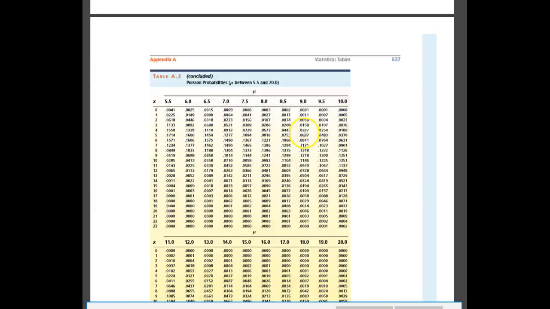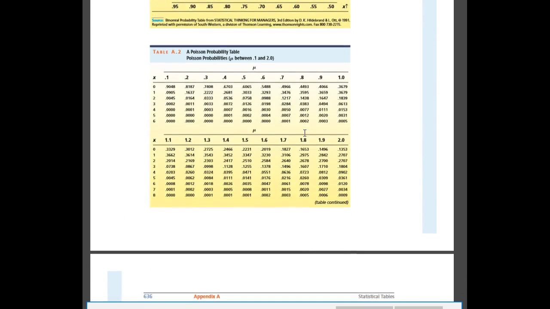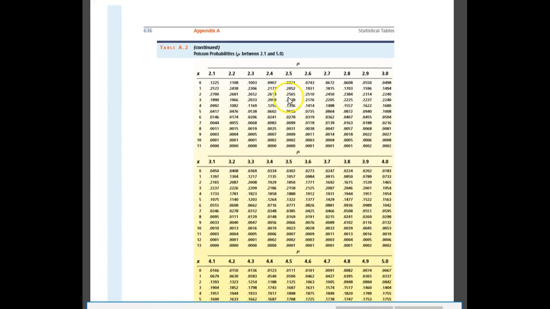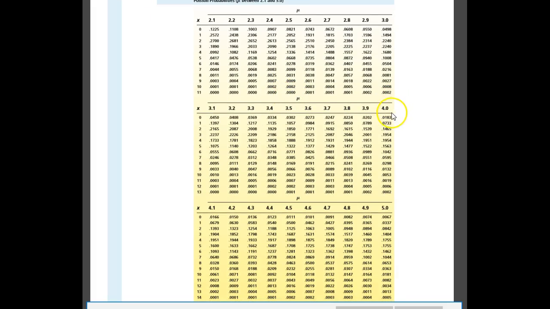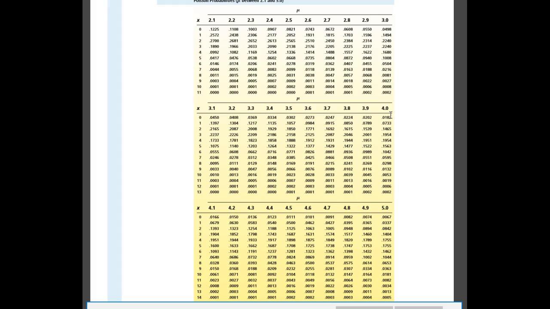So let's go find our Poisson table. Poisson. And mu, we are looking to be 4. Mu 4 over here. And we want to add up the probabilities from 0 to 5. And that looks like we are right in that range there.